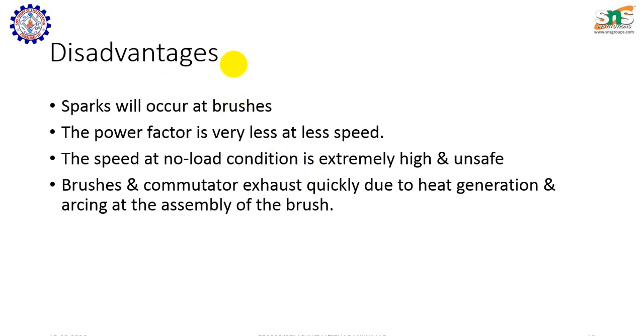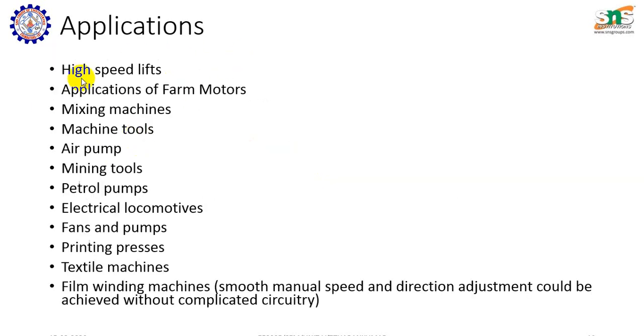Okay, and the applications are used in high-speed lifts, farm motors, mixing machines, machine tools, air pumps, mining tools, petrol pumps, electrical locomotives, fans and pumps, printing presses, textile machines, and film winding machines. Smooth manual speed and direction adjustment could be achieved without complicated circuitry. Film winding machines, the film roll, the motion pictures.